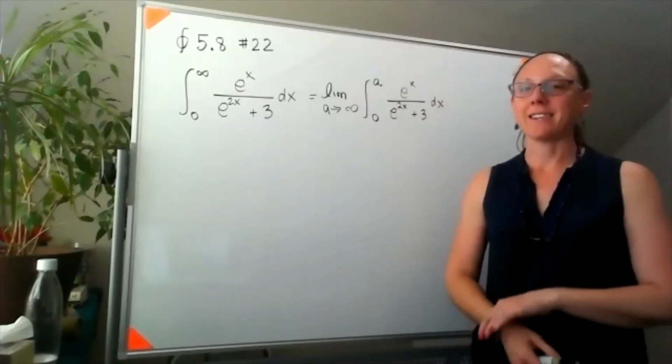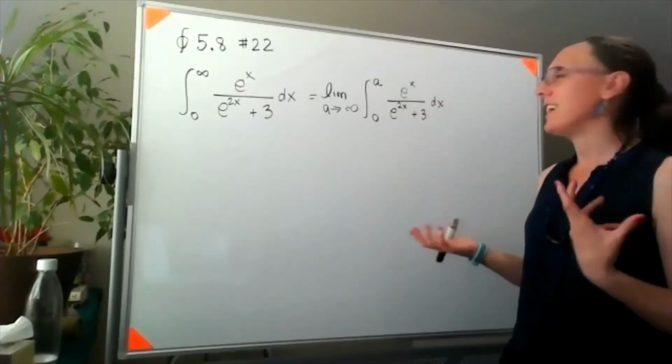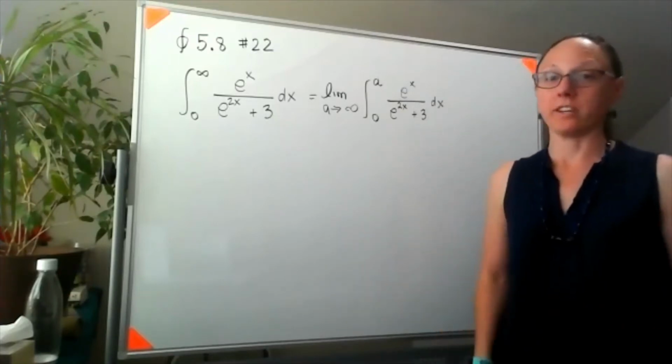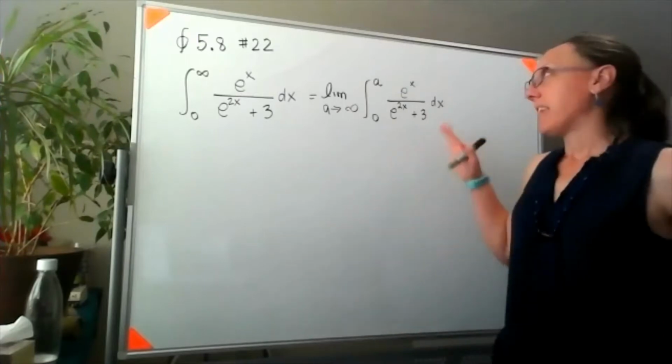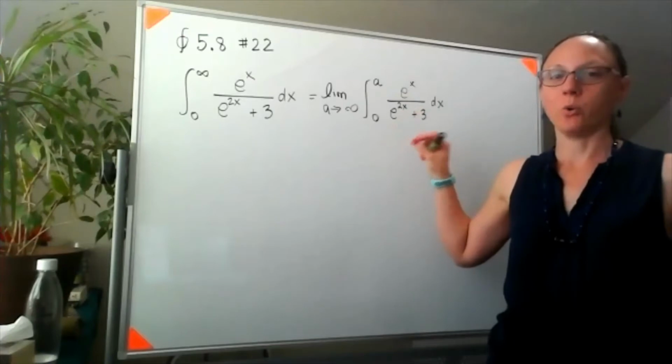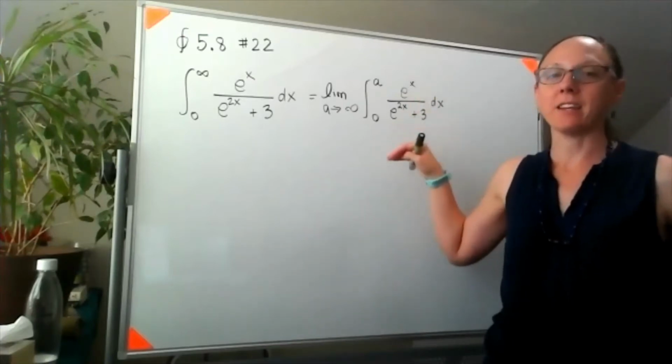Yesterday, someone asked about sort of when you look at an integral, how can you get better at seeing what to do? This is a classic example of a rational function with exponential pieces in it.